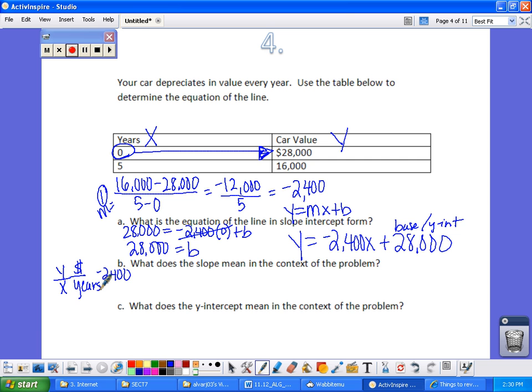So what I'm going to say is, what does the slope mean in this problem? That the car value, and because of the negative, I'm going to write decreases $2,400 each, or you could say per year.